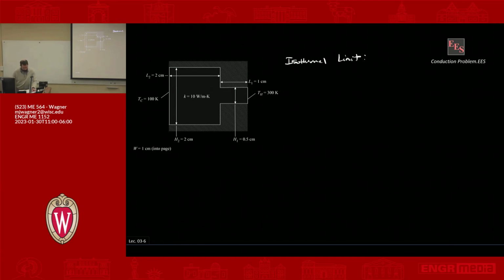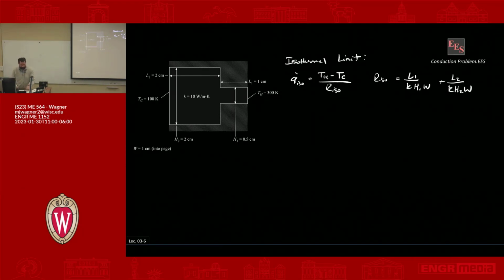Well, Q dot iso is equal to TH minus TC divided by R iso, where R iso is L1 over K H1 W plus L2 over K H2 W. Right? We're going in series, and we're adding each of the lengths with their corresponding areas.